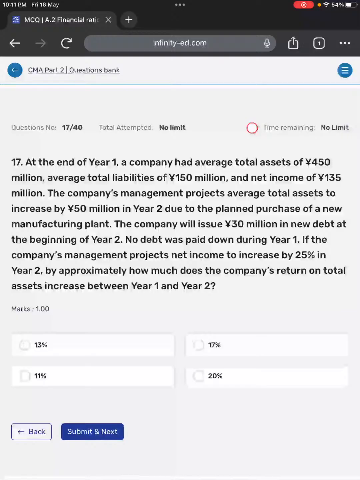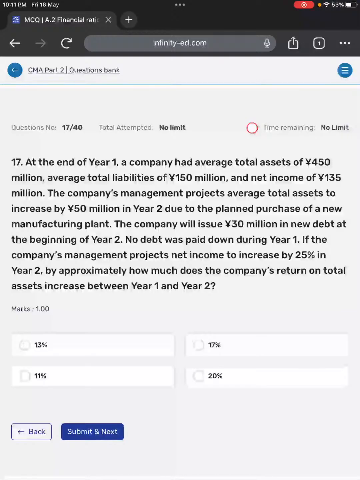The company will issue 330 million of new debt at the beginning of year 2. No debt was paid during year 1. If the company's management projects net income to increase by 25% in year 2, approximately how much does the company's return on assets increase?